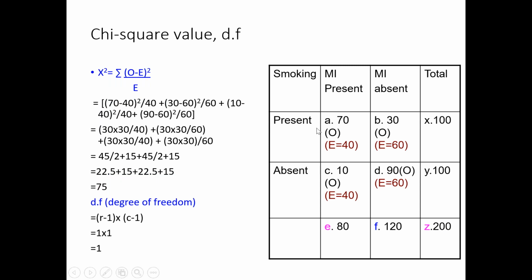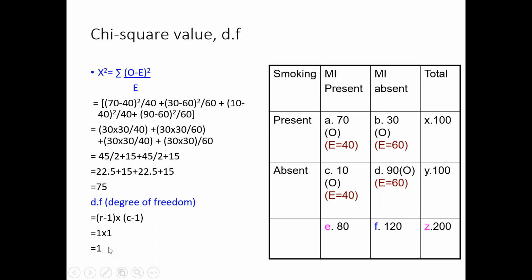Observed minus expected for the first cell: observed value is 70, expected is 40, as written on the left hand side, squared, divided by 40, the expected value. Then summation with the second cell: observed is 30, expected is 60, like that, divided by expected. You calculate for this also, and ultimately you get 75 as the chi-square value for degree of freedom 1.